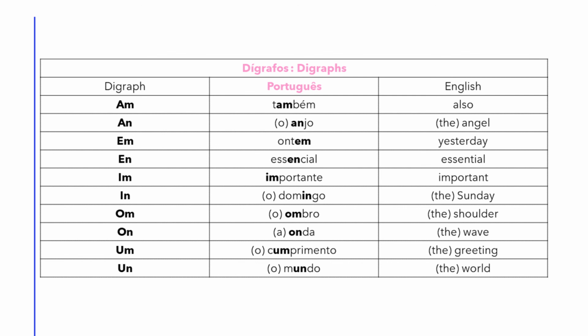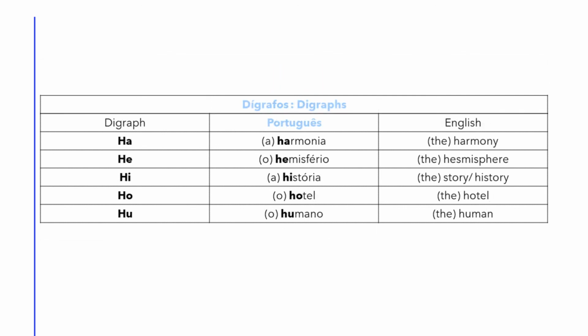Okay, let's move on to the last table. And again, we're starting with the first column, the digraph. A harmonia, the harmony. O hemisfério, the hemisphere.